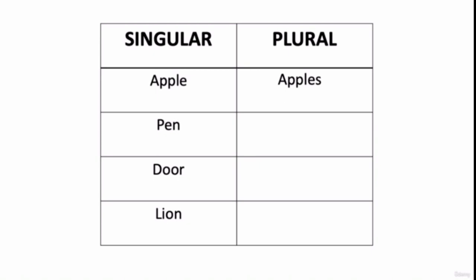The plural form of pen is pens. The plural form of door is doors. The plural form of lion is lions. Make sure to always pronounce the S at the end of plural nouns.